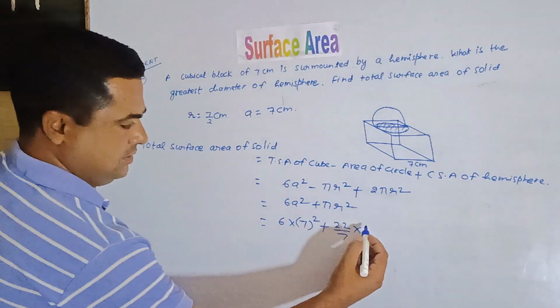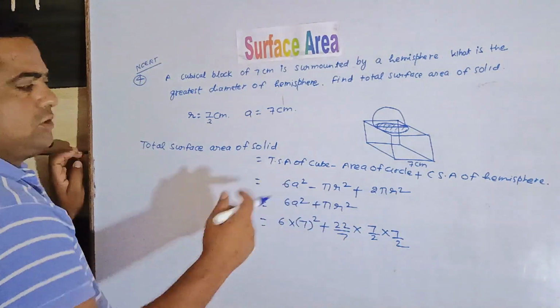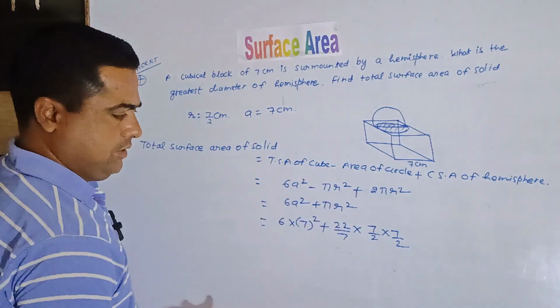What is the value of r? This is 7 by 2 into 7 by 2, correct? Because we have r square here, so we are writing 7 by 2, 7 by 2.